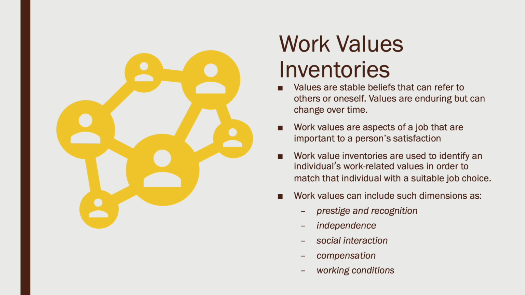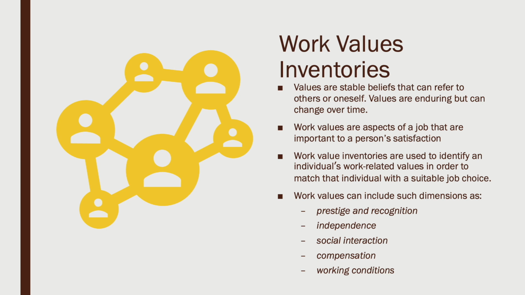Work values are an important determinant in career decision making and account for a significant part of job satisfaction and tenure. Super, another researcher, believed that understanding an individual's value structure is important in clarifying goals and determining the psychological appropriateness of a given type of training or employment. Work values can include such dimensions as prestige and recognition, independence, social interaction, compensation, and working conditions.